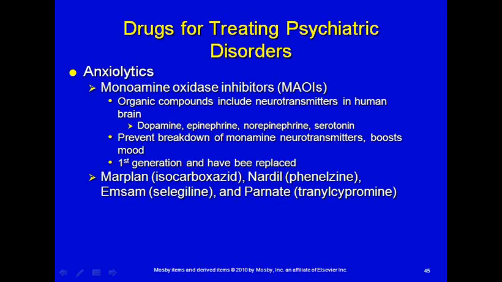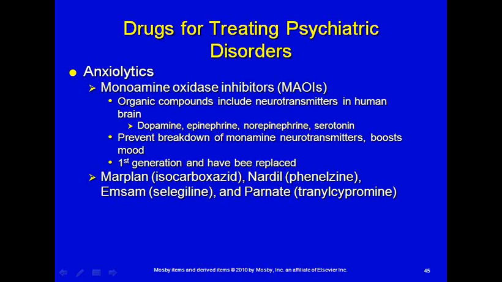Monoamine oxidase inhibitors, or MAOIs, act on organic compounds that include neurotransmitters in the human brain: dopamine, epinephrine, norepinephrine, and serotonin. What these MAOIs do is prevent the breakdown of the monoamine neurotransmitters, and by doing so, they boost mood.